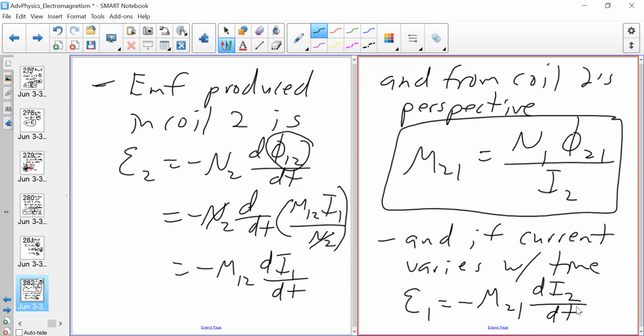Because wire 2 has to have a time-varying current in order to mutually induce, because it's a pair of them, to induce an EMF in wire 1. That's all this is.